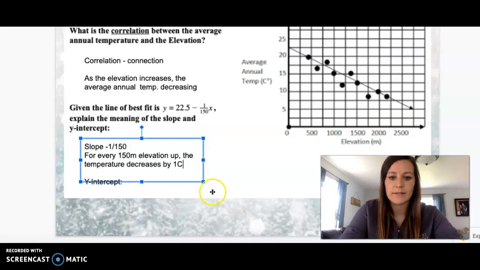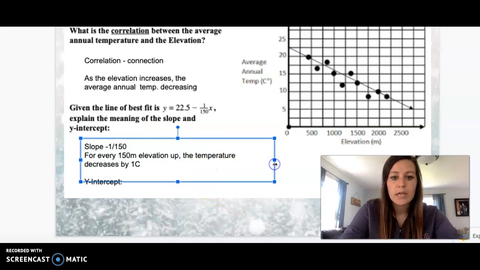And again, I don't have a Celsius sign, okay? So you'd want to say something about as the elevation increases, your temperature is decreasing, and you want to make sure you use the specific numbers, okay?